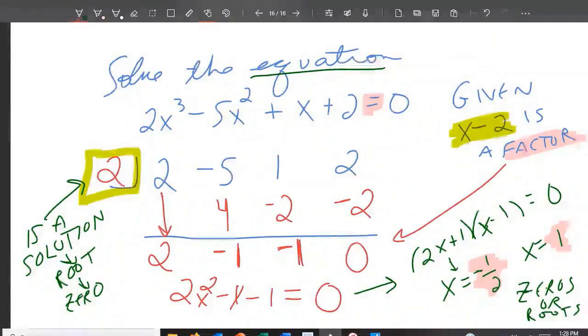Any solution to a quadratic is your zeros. So this problem has 3 zeros: 2, negative 1/2, and positive 1. When it says solve the equation, this is what it's talking about. Using synthetic division and the given information to find the quadratic, and then you want to factor the quadratic.